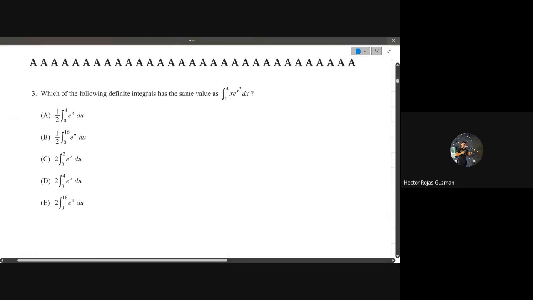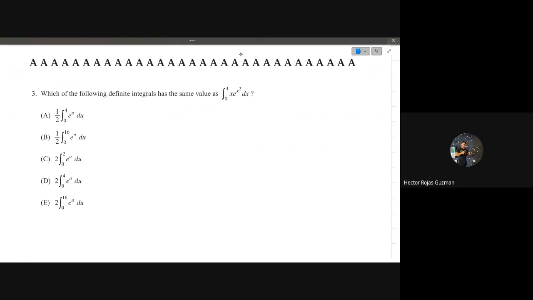Okay, which of the following definite integrals has the same value as this one? This integral looks a little complicated, so we're going to go ahead and do u substitution. Okay, so u is going to be x squared, du is 2x dx, du divided by 2x is dx. So when I take my integral, we're going to have x times e to the power of u times dx. And you know what? Let's go ahead and change the limits of integration.